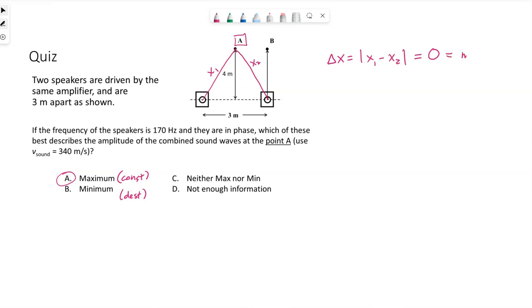Well, constructive interference is the only one that has the m of 0. That also is because the waves are in phase as they are emitted from the speaker. So if they travel the same distance, they will still be in phase. So A is correct.